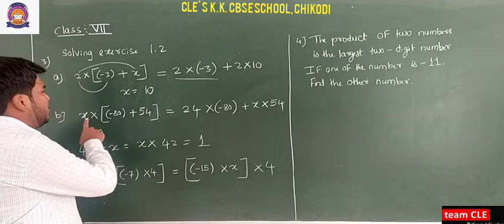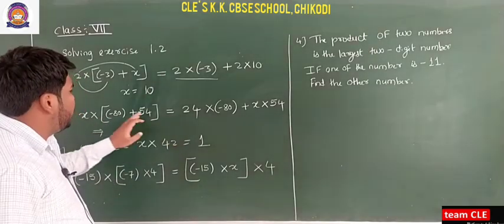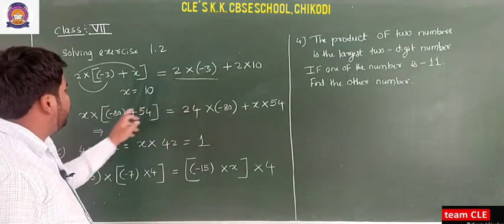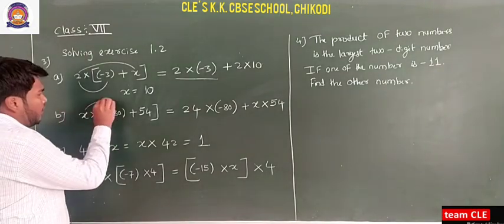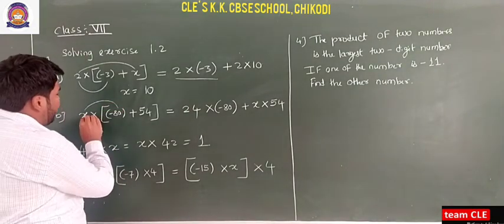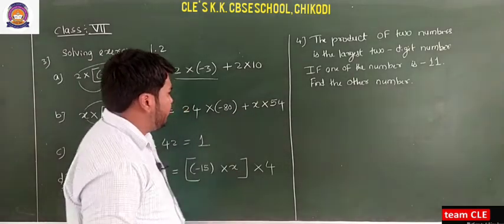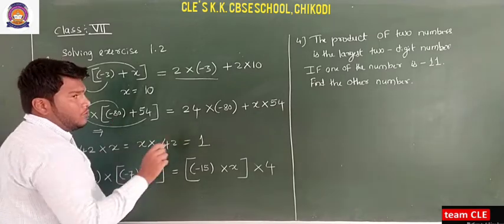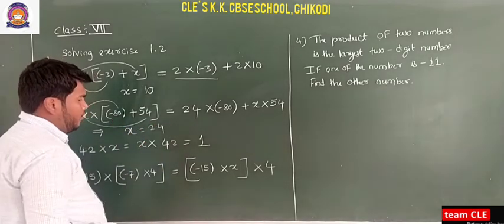Again this is the distributive property of integers. If you substitute x equals 24, we get 24 into minus 80, and next, x into 54 becomes 24 into 54. So x equals 24.